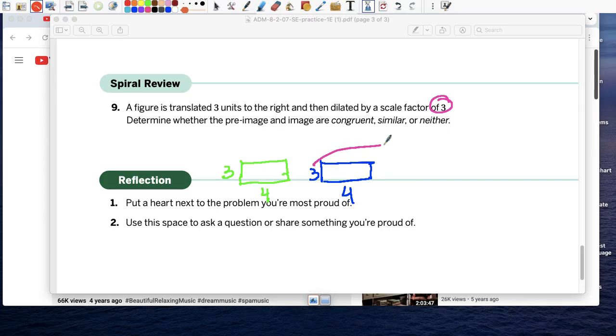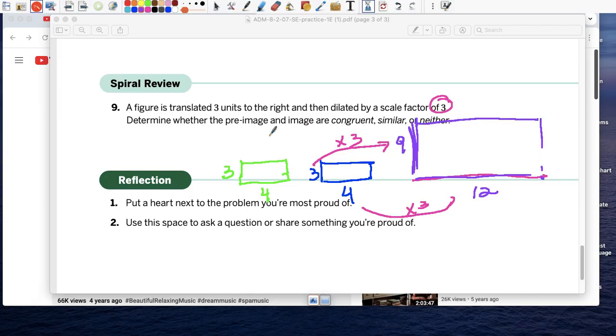So this 3 is going to be times 3, and this 4 is going to be multiplied by 3. We are obviously going to have a bigger rectangle. Times 4 makes our length here not 4 anymore. Times 3 is 12. And going up and down, it's going to be 9. So this is the original, and this is finally the post image.